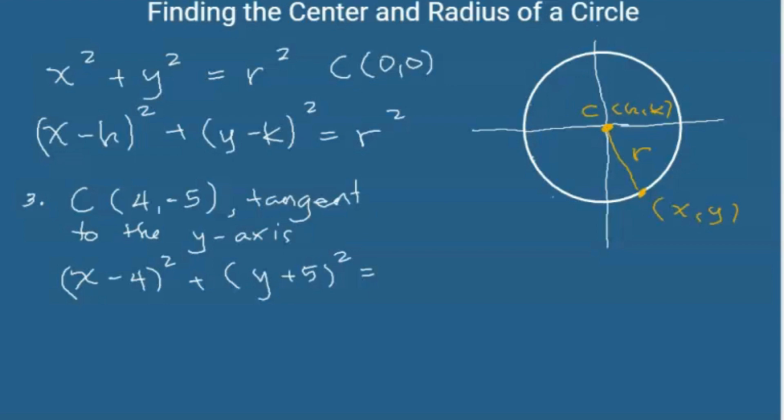In this case, since they said it's tangent to the y-axis, our radius is equal to the value of our h, which is 4. So 4 squared. Our final answer would be (x minus 4) squared plus (y plus 5) squared is equal to 16.